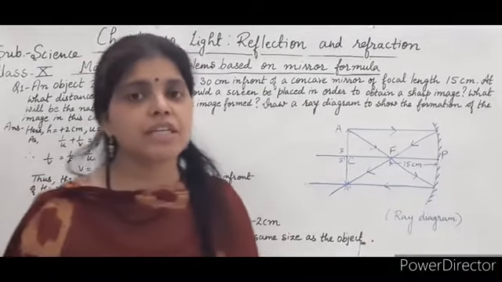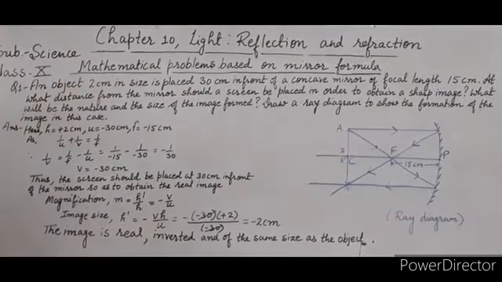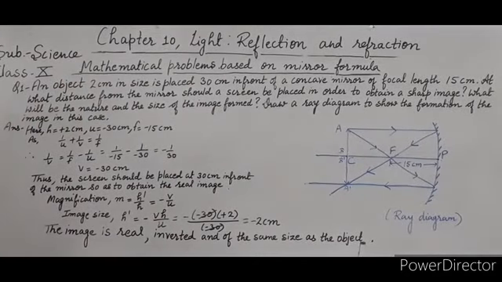Now students, we will see some mathematical problems which are based on the mirror formula. There is a question: an object 2 cm in size is placed 30 cm in front of a concave mirror of focal length 15 cm. At what distance from the mirror should a screen be placed in order to obtain a sharp image?